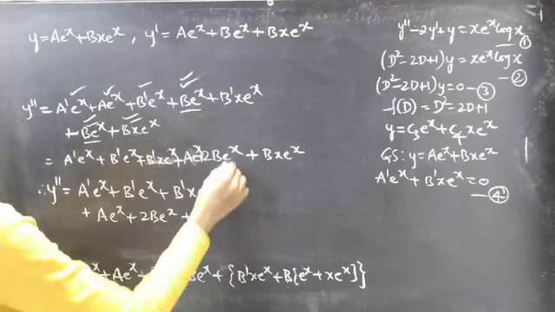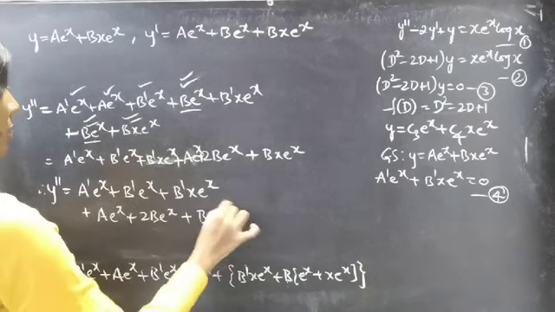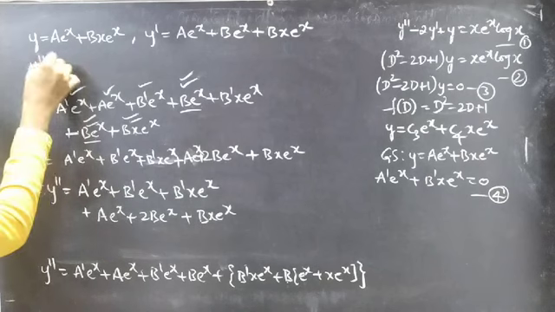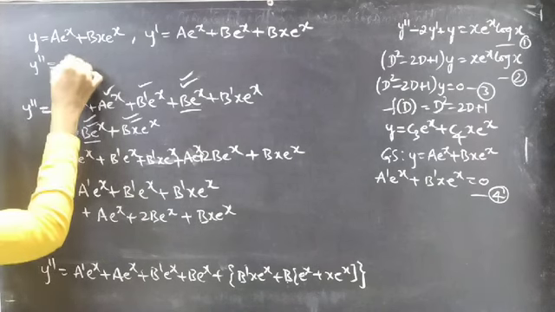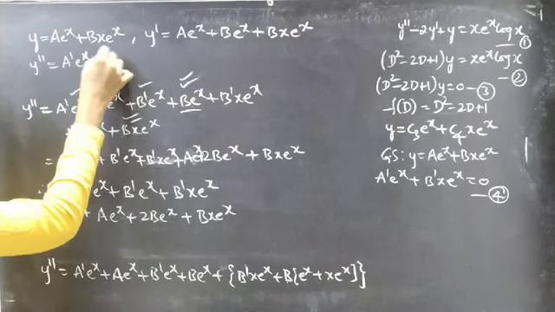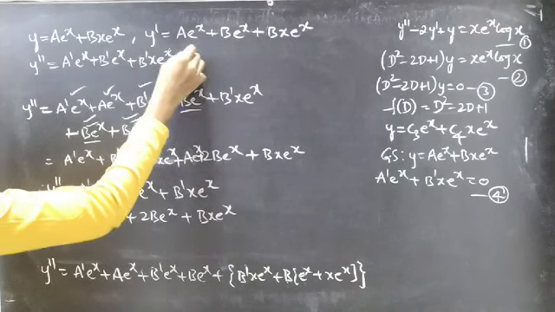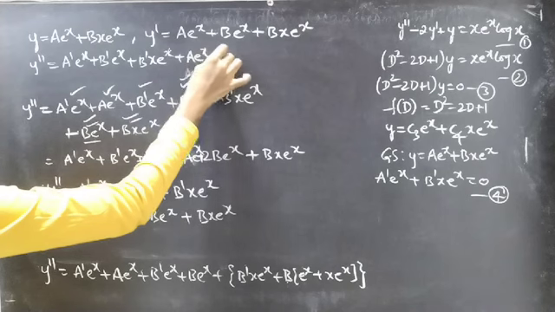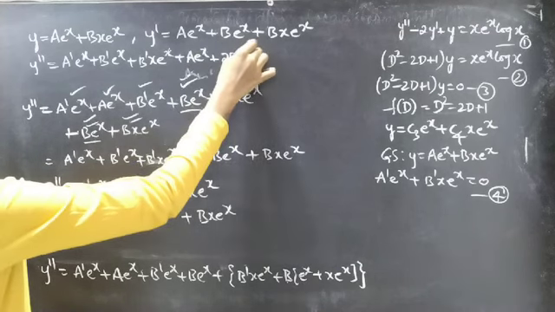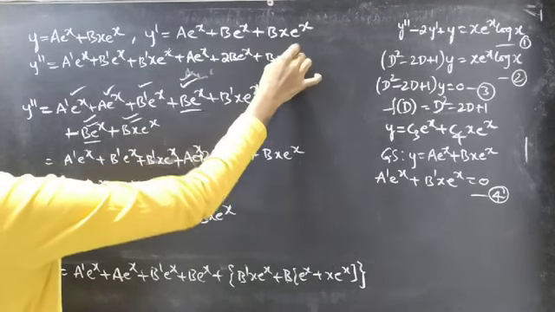So we got this plus bx e power x. y double dash is a dash e power x plus b dash e power x plus b dash x e power x plus a e power x plus 2b e power x plus bx e power x.